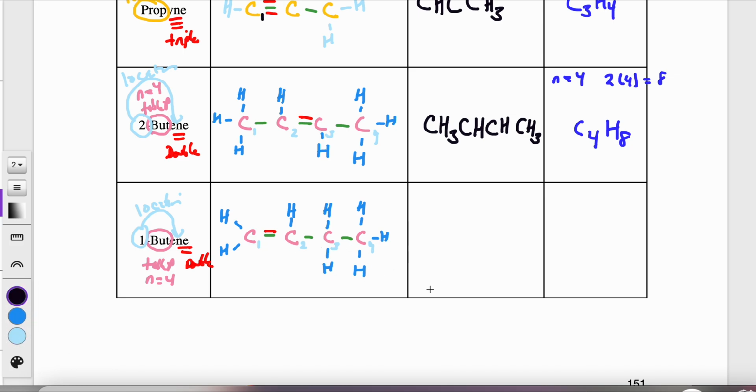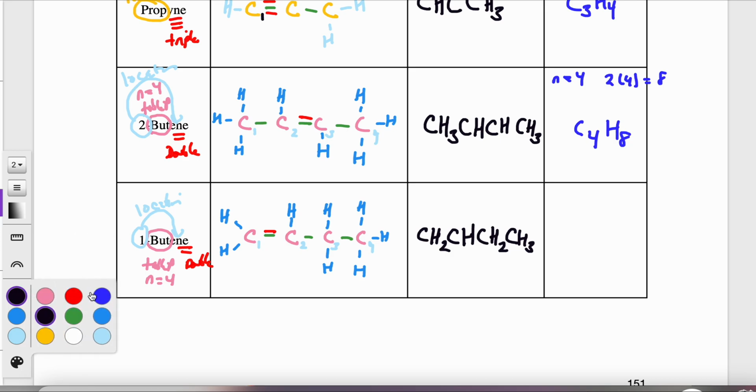The condensed structural: carbon 1 has 2 hydrogens, so we put CH2. Carbon 2 in the parent chain has 1 H attached to it. Carbon 3 in the parent chain has 2 H's attached to it. And carbon 4 has 3 H's attached to it.